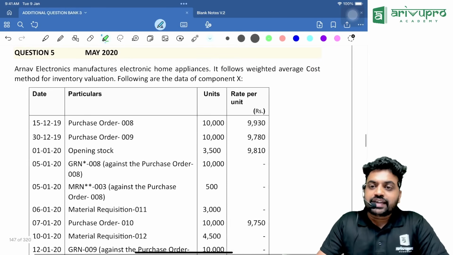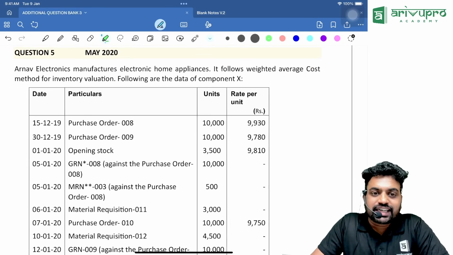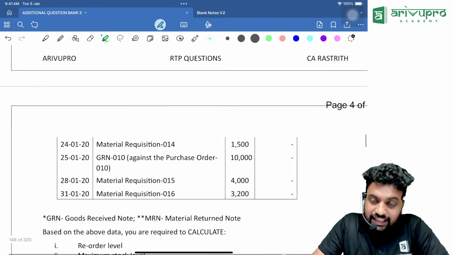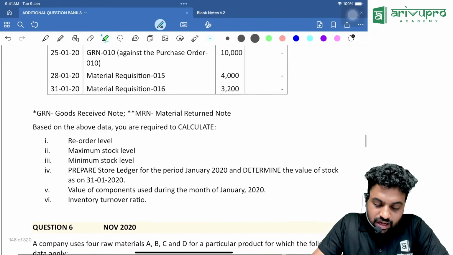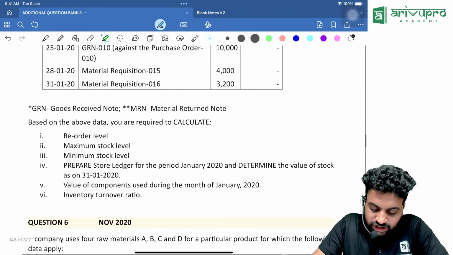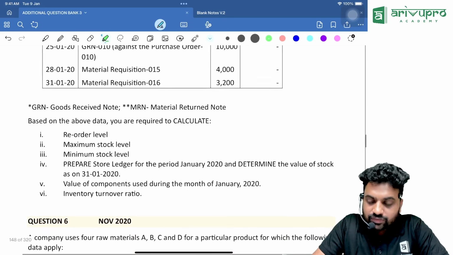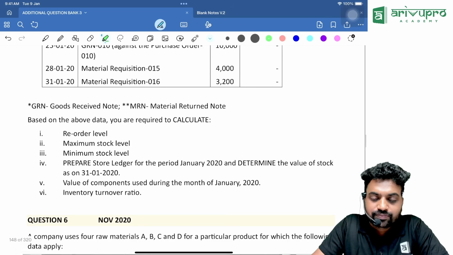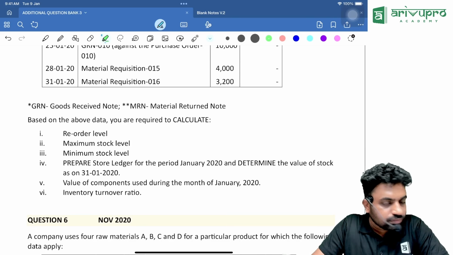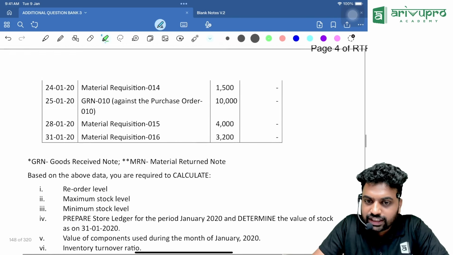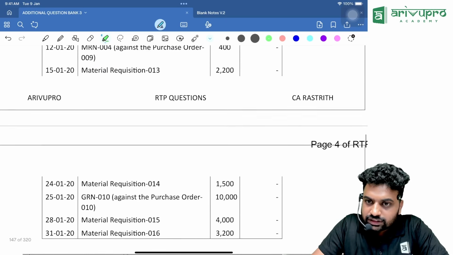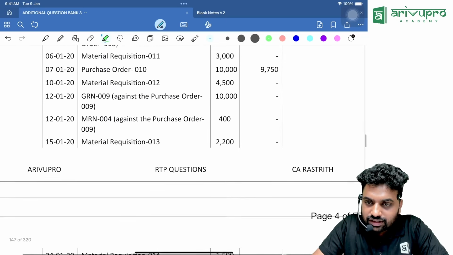This fifth one, I asked you guys to do the stores ledger as homework. Have you done? Yes. I hope cost of material consumed also you computed. Yes. How much did you get? 10,56,798. 18 crore 10 lakh 56,798 you got.